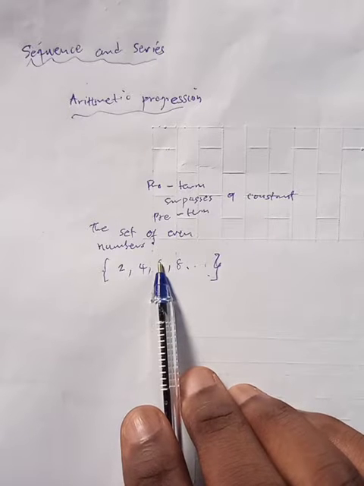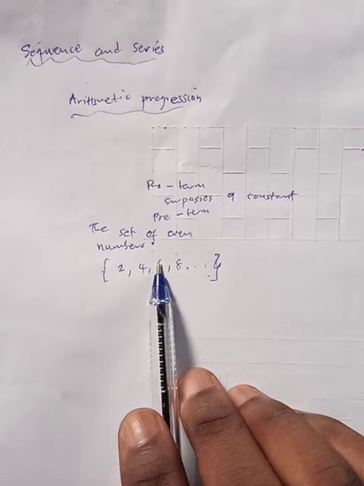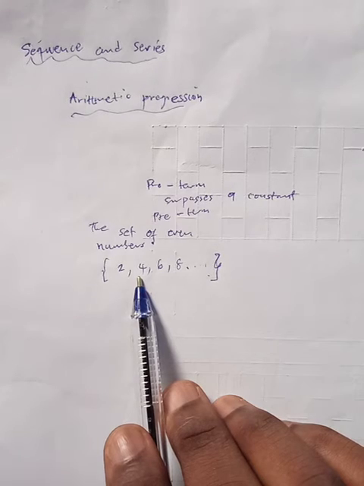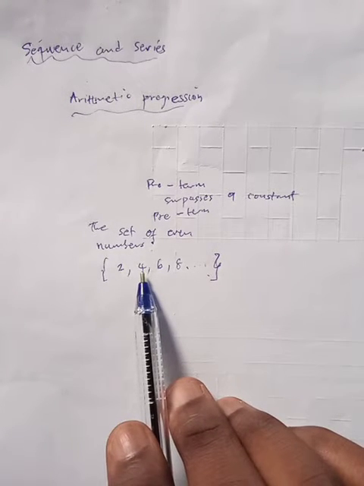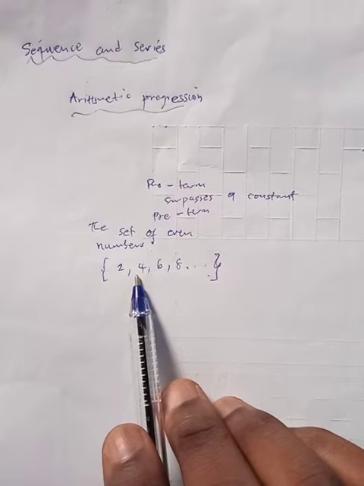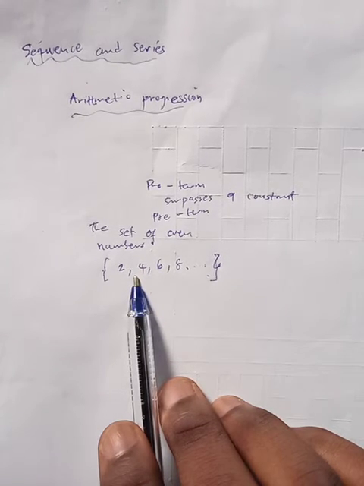So, generally, when you are given a sequence in which the difference between two consecutive terms is a constant, then we say that sequence is arithmetic.